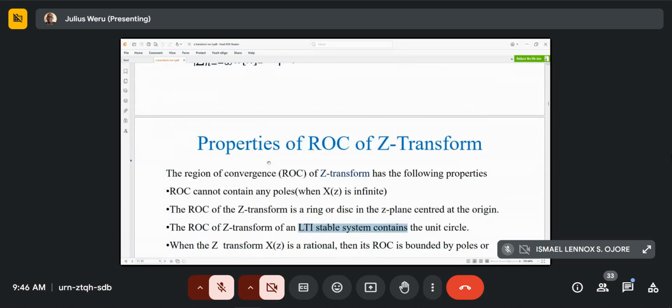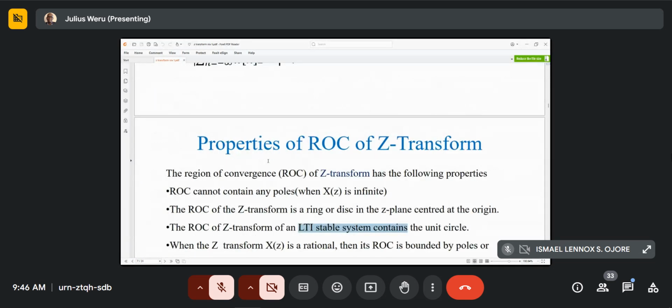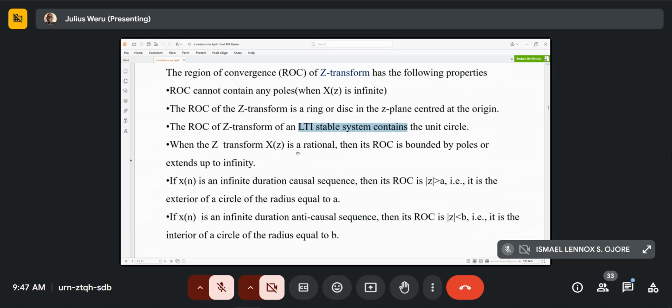What else do we need to know? When the Z transform is rational, then its ROC is bounded by poles or extends up to infinity. If x[n] is an infinite duration causal sequence, then its ROC is the magnitude of z greater than a.